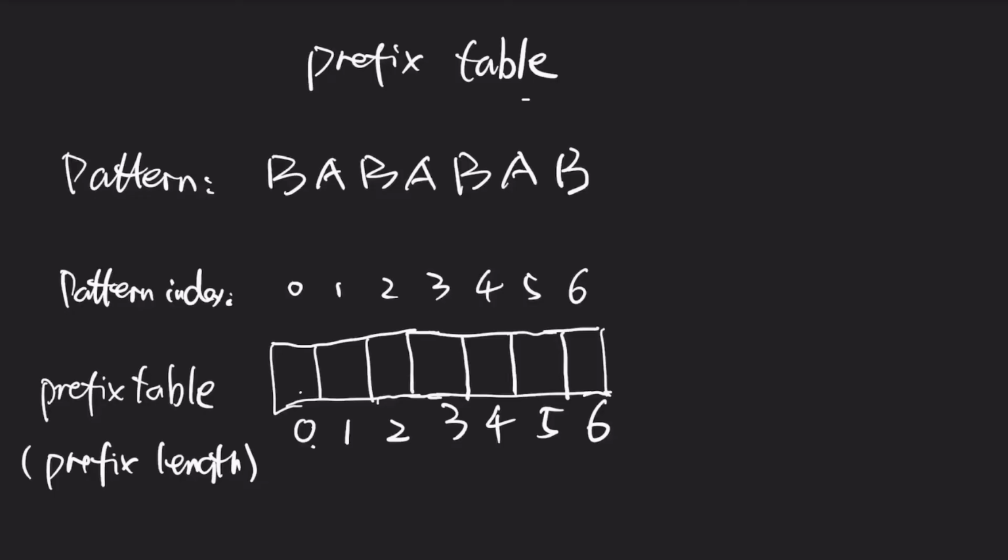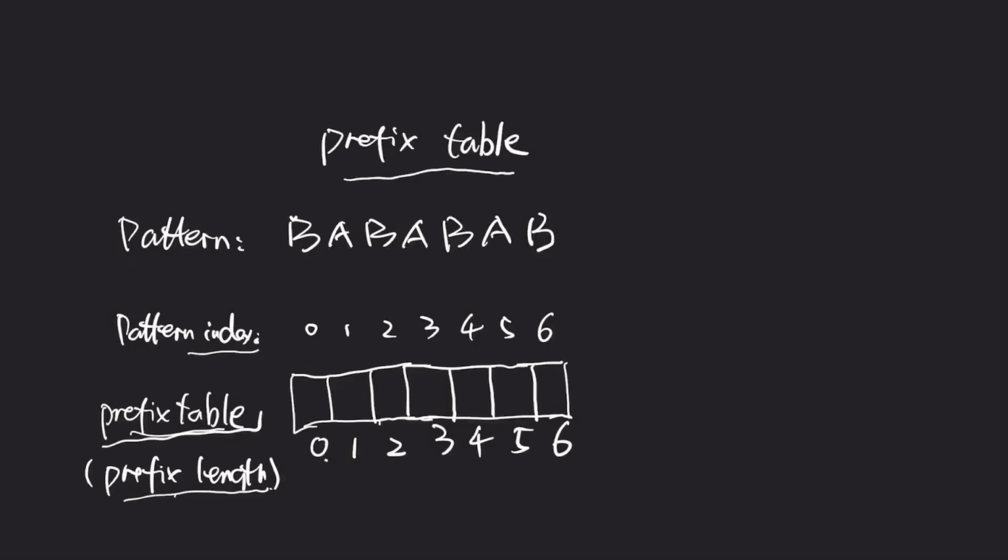Okay, let's make the helper function, the prefix table. First, the meaning of the prefix table. The index should be the pattern index, and the value should be the prefix length. Prefix length is the length of the prefix that equals the suffix.